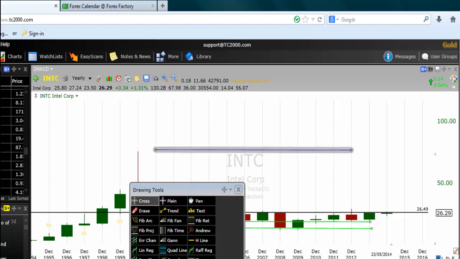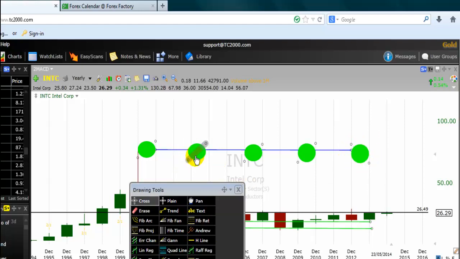So the first day of the week is Monday, and I want to divide it nicely. Then we have Tuesday, and then Wednesday, which is the middle of the week. Then we have Thursday, and then Friday.